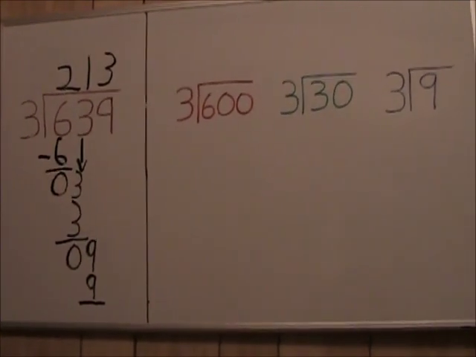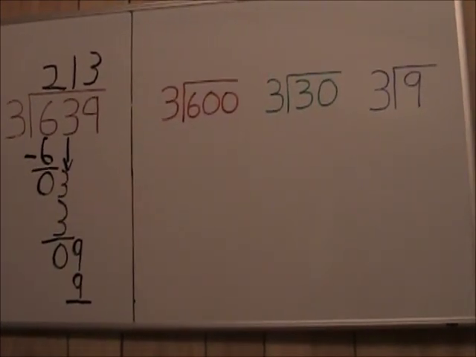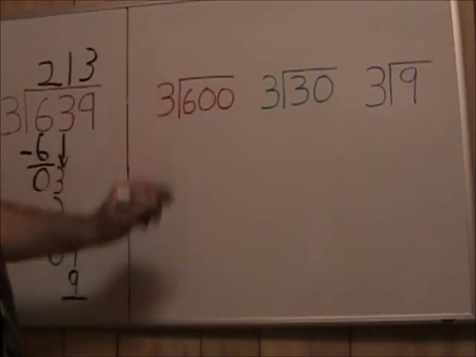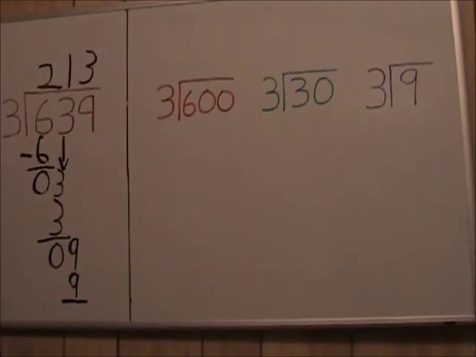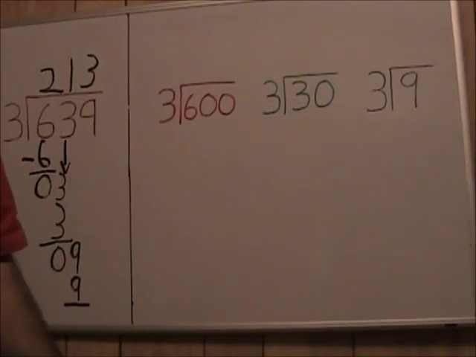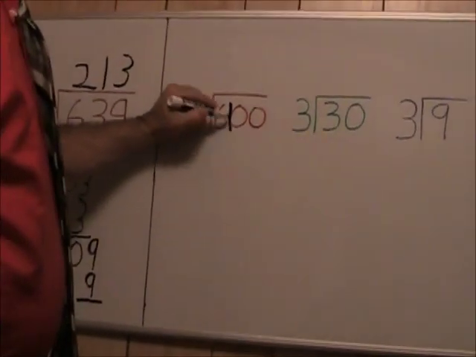Now, let's see if we can get that solution, that quotient, the other way by using the distributive property. Let's go to 3 and see how many times it divides into 600. Well, one lesson you might want to look at is how we can box in zeros to divide, which we're going to do.